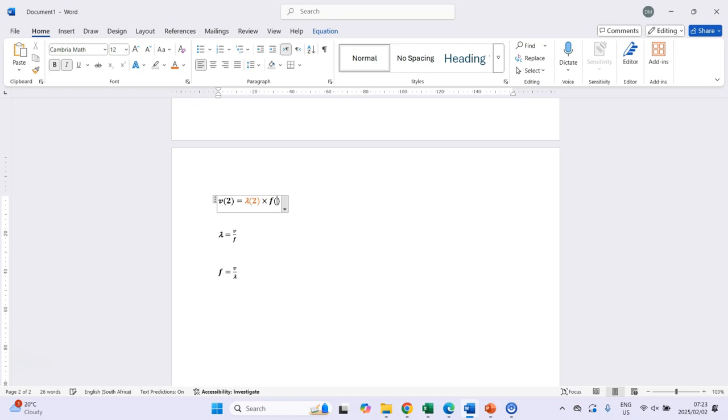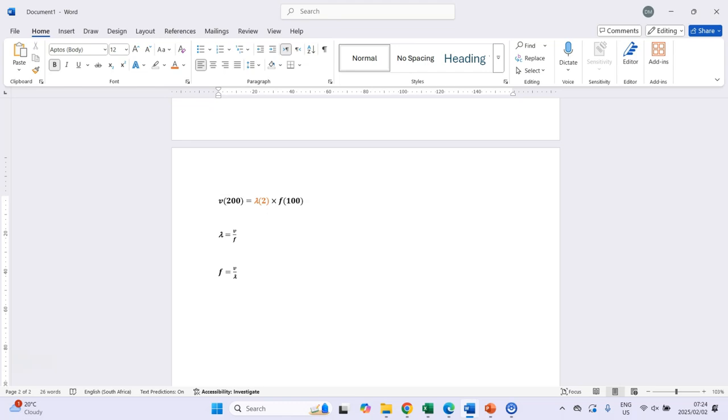If my frequency is 2, then the speed will be 4. If my frequency is 200, then my speed will be 400. And if I reduce my frequency to 100, then I will reduce my speed to 200.